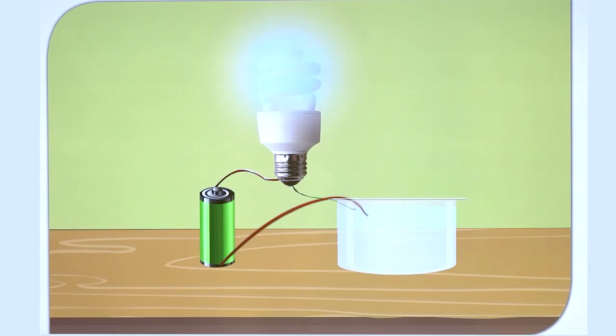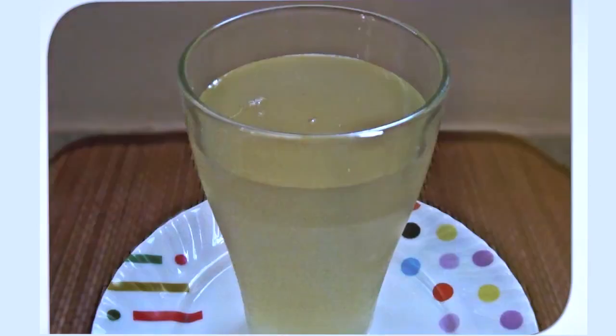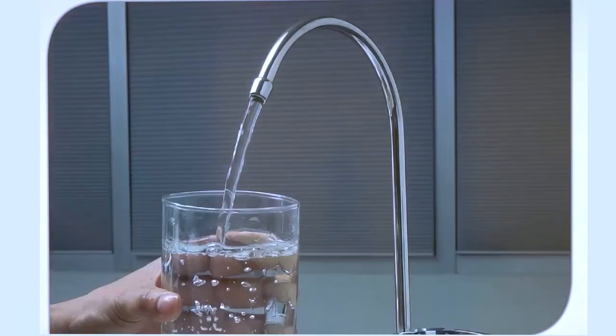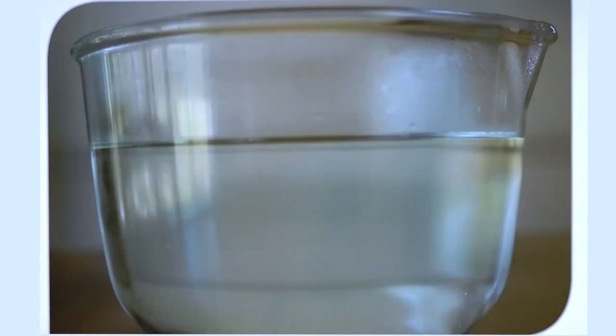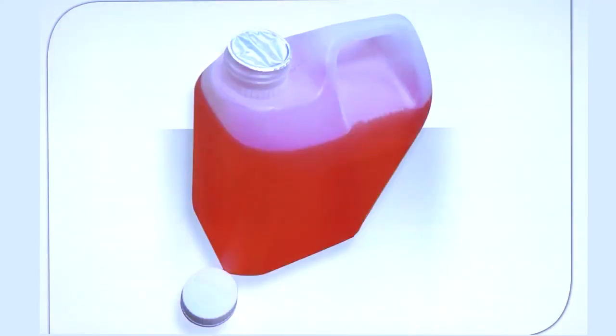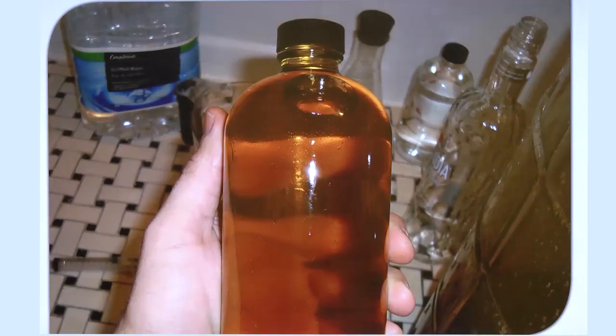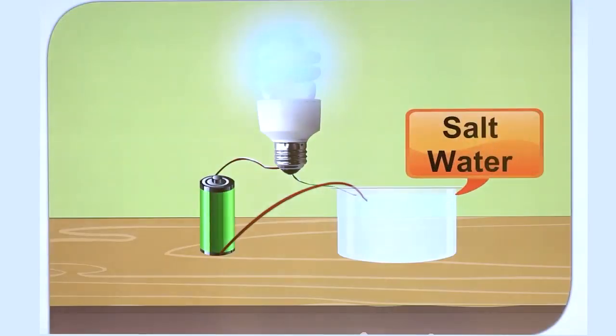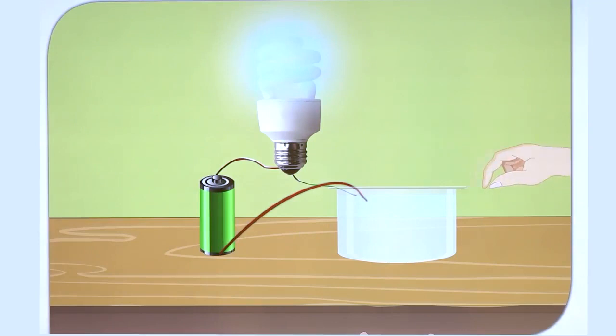You can also check whether liquids like lemon juice, tap water, vinegar, alcohol, petrol, diesel, dilute hydrochloric acid are good conductors or poor conductors. In the same experiment, we have to replace the salt water that we just added and add these liquids one by one.